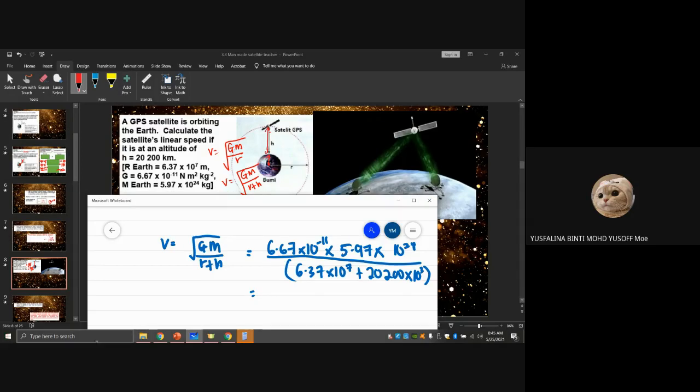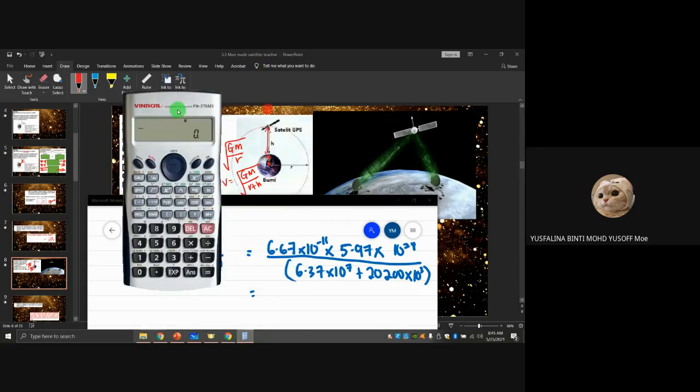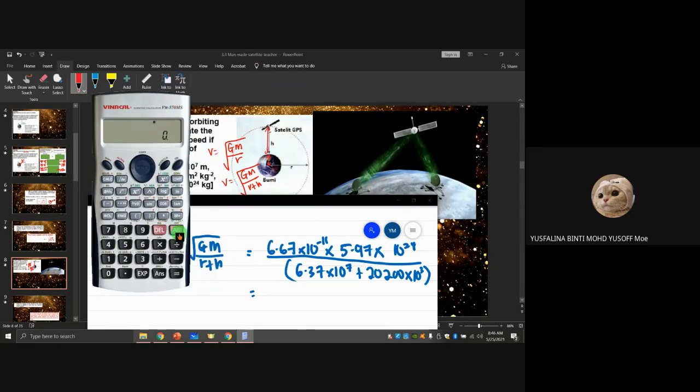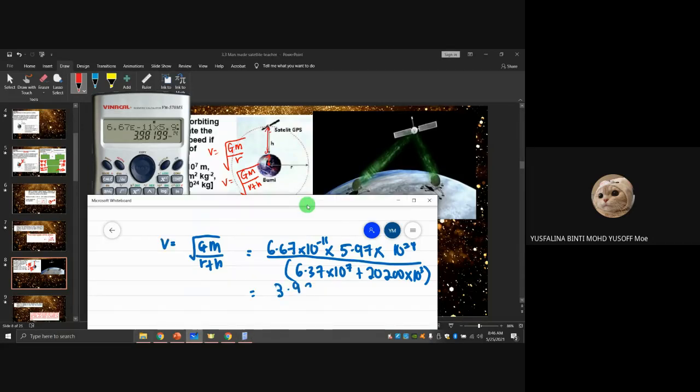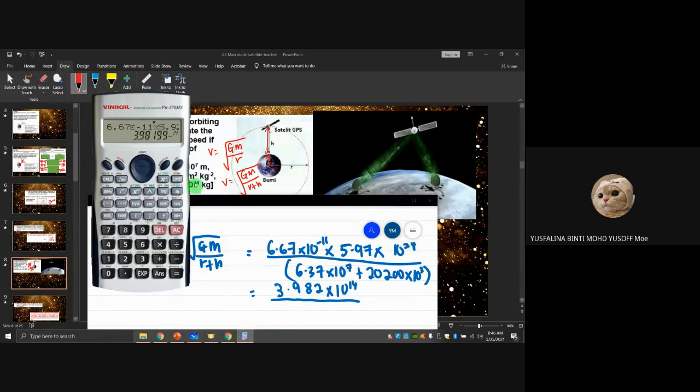Next, you calculate 6.67 exponent negative 11 times 5.97 exponent 24. So you get the answer 3.982 times 10 to the power of 14. And then you add the radius with the height of the satellite.